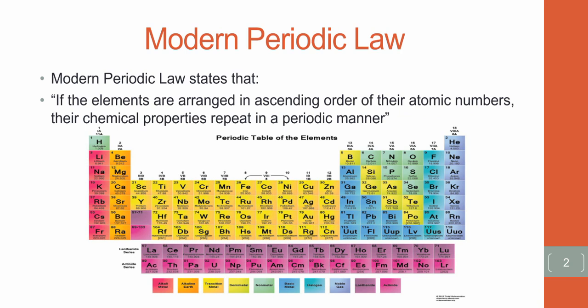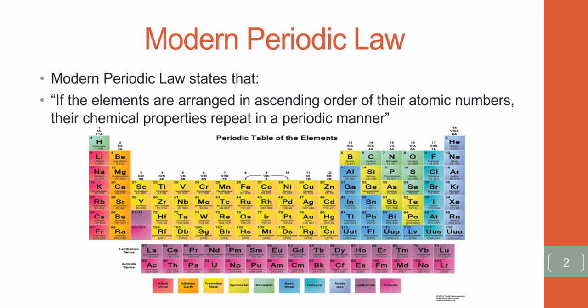Periodic table में अगर हम elements को arrange करते हैं in increasing order like hydrogen, helium, lithium, beryllium, boron, carbon, nitrogen, oxygen, fluorine, neon, and so on, then you will notice that the chemical properties of elements regularly repeat in a periodic manner.